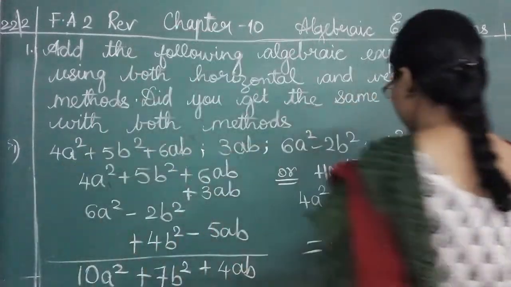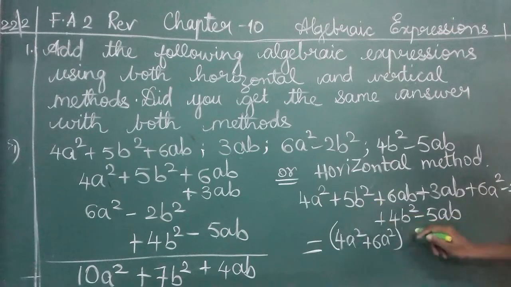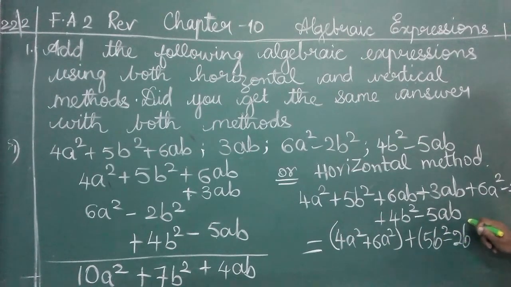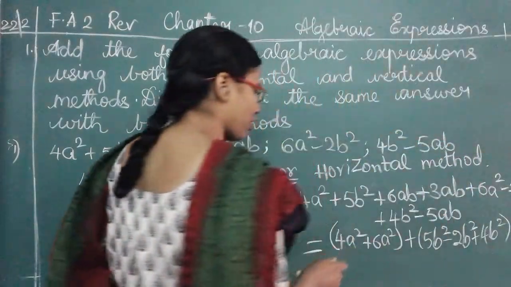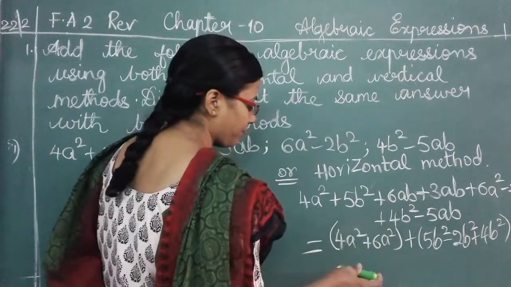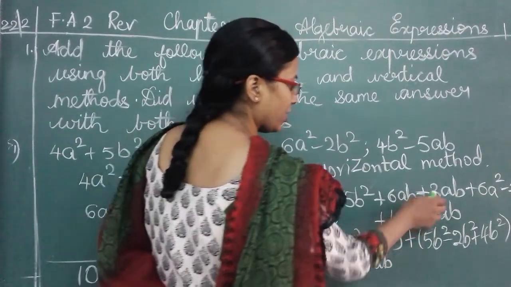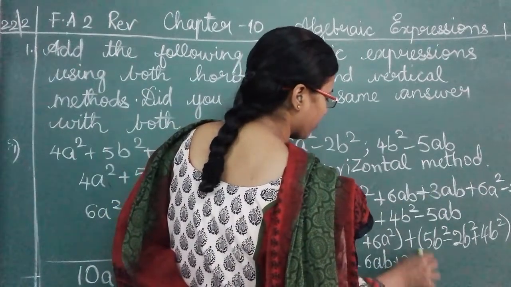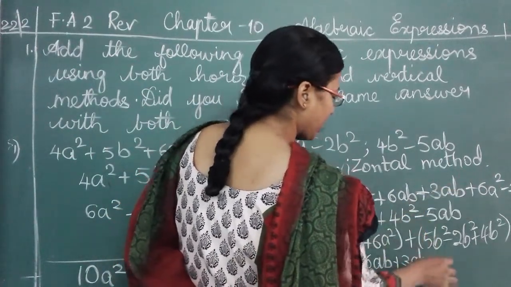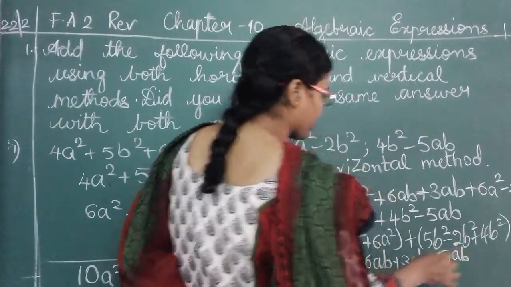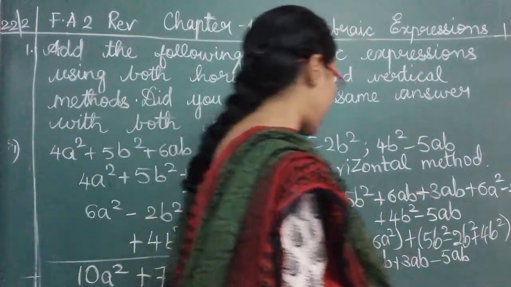So these two terms are finished. Now let us take b square, 5b square minus 2b square plus 4b square. Now let us write the last ab terms, plus 6ab plus 3ab minus 5ab.